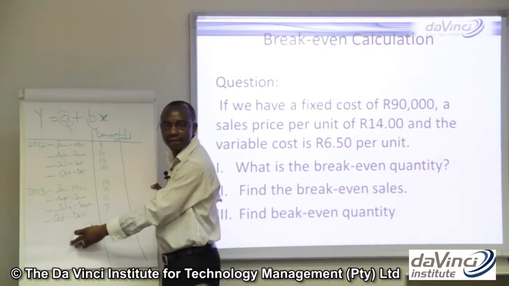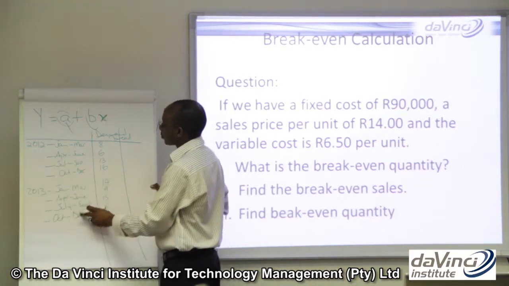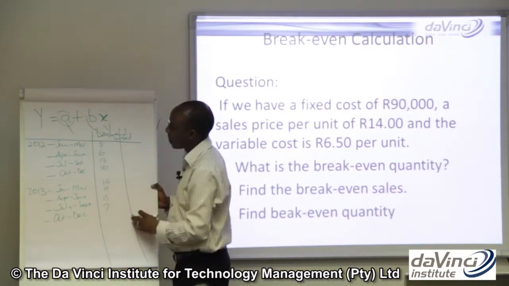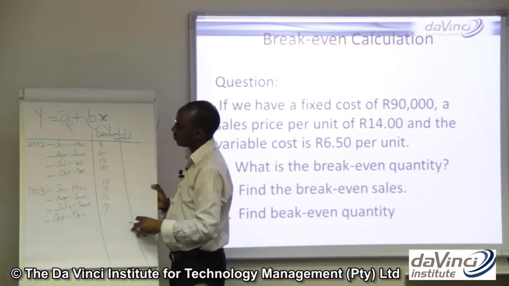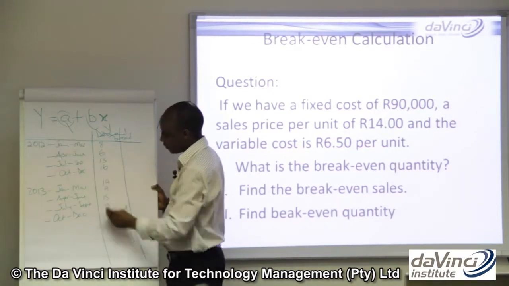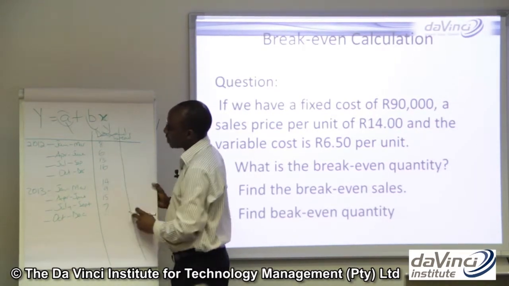You see that? This is time. So this then would be represented by Y. This is the demand. This is what we are looking for. Then X becomes the time.